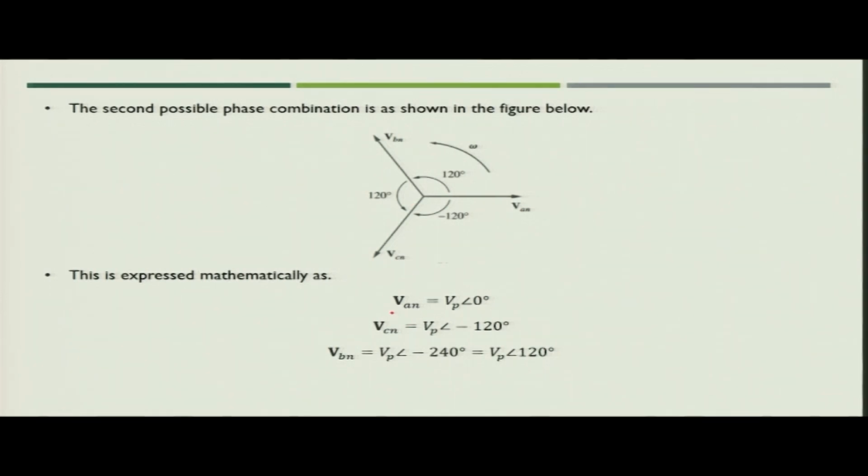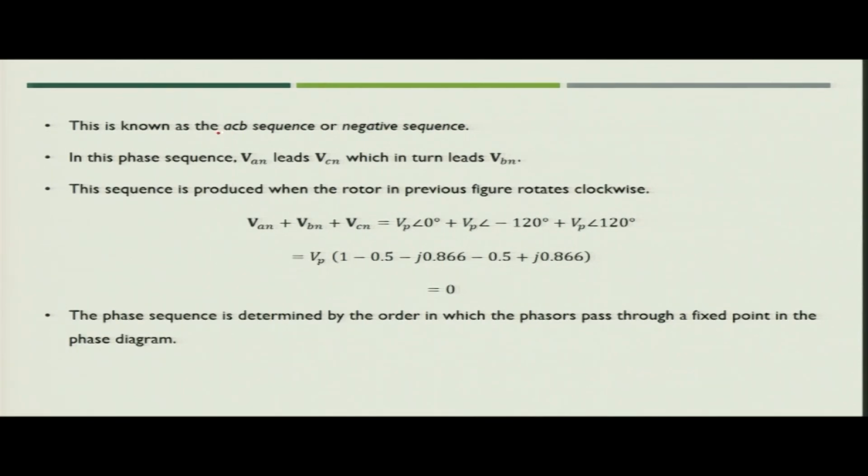In that case, you can write VAN is VP angle 0, considering A as the reference, then VCN is VP angle minus 120 degrees and VBN is VP angle minus 240 degrees, or you can say VP angle 120 degrees. Here the sequence is the ACB sequence, or you generally call it a negative sequence. In this case VAN leads VCN and VCN leads VBN by 120 degrees.